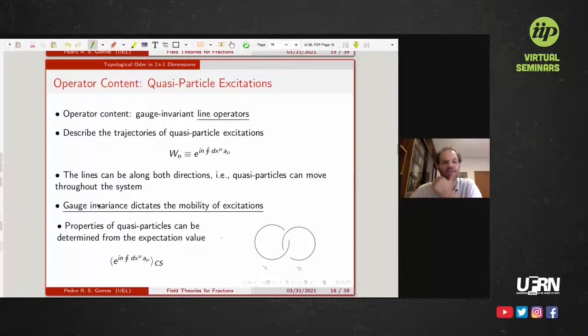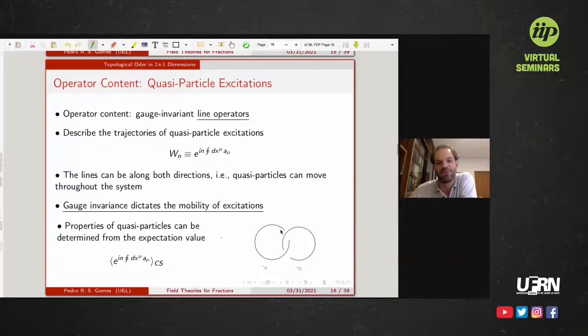So one important point, which is useful to compare with the Fracton cases a little later, is that gauge invariance dictates the mobility of excitations, because it dictates the form of line operators. And by studying these line operators, we can determine the properties of quasi-particle excitations by computing this kind of expectation values.